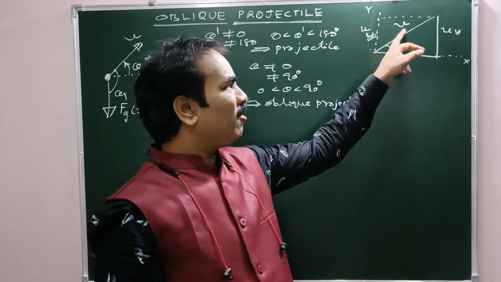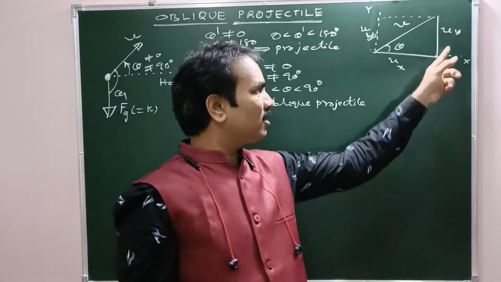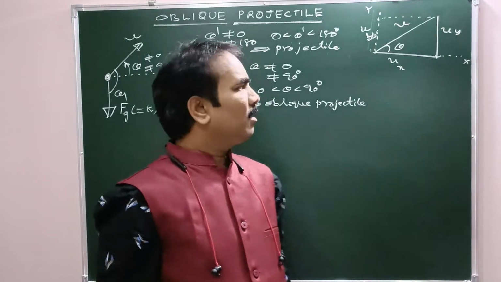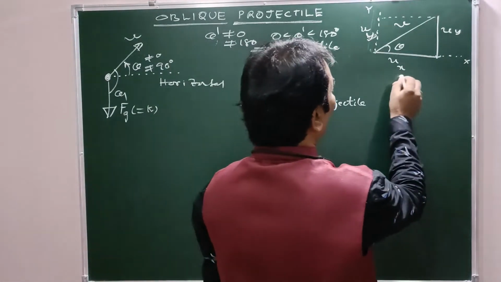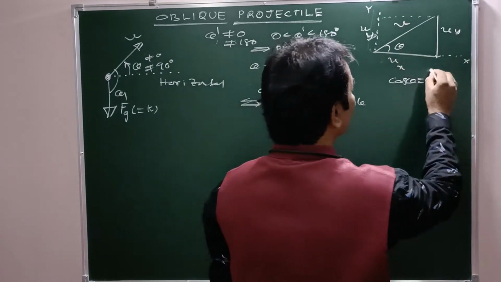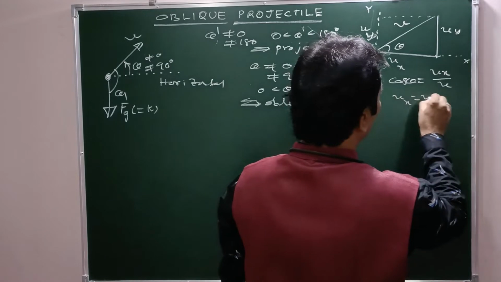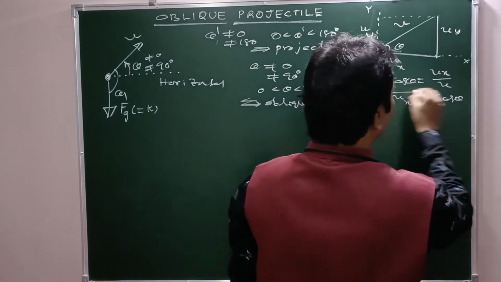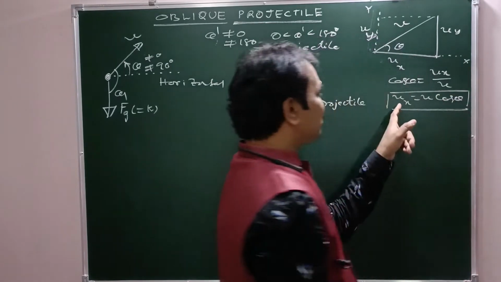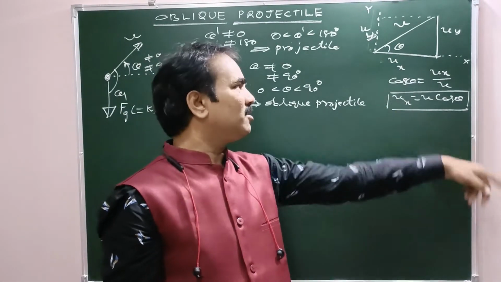So along the hypotenuse u, along this adjacent side u x, along the opposite side u y. Now we can say that cos theta equals adjacent side by hypotenuse, u x by u. So u x equals u cos theta. This is the horizontal component of initial velocity, u x equals u cos theta.